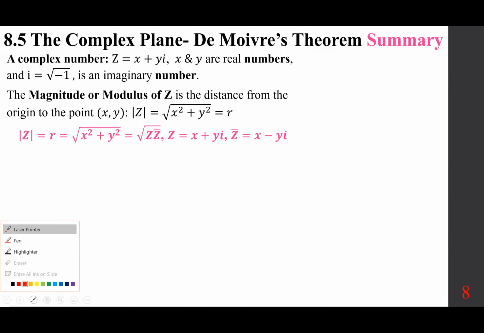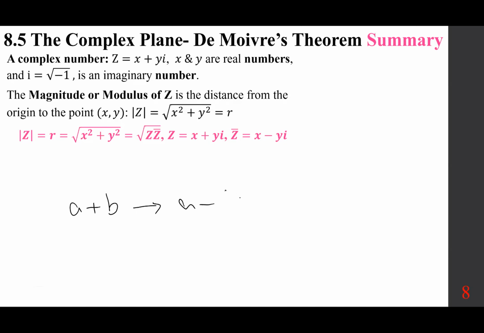We used to say if you have a plus b, the conjugate is a minus b. If you have a plus bi, the complex conjugate is a minus bi.